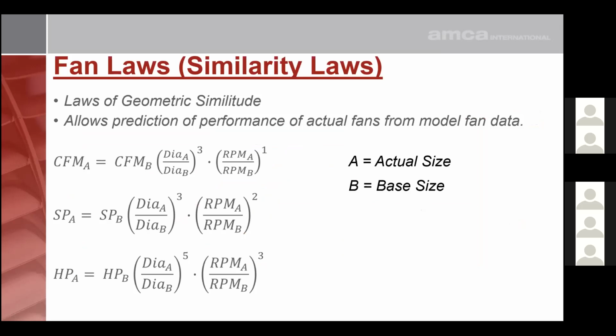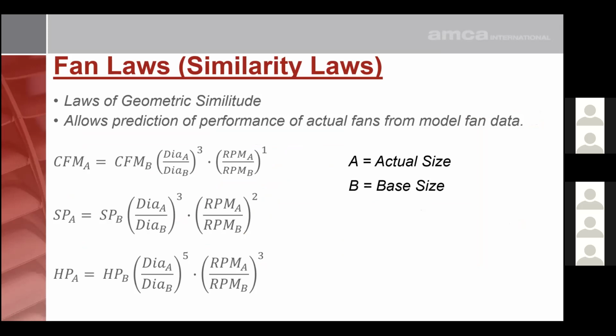We also want to look at fan laws. The fan laws allow a fan to be resized for a different application, either by changing the speed. If there's an existing fan, you can't really change the diameter very easily, but you can change the speed, and that will let you know what the new operating point might be at a different speed.